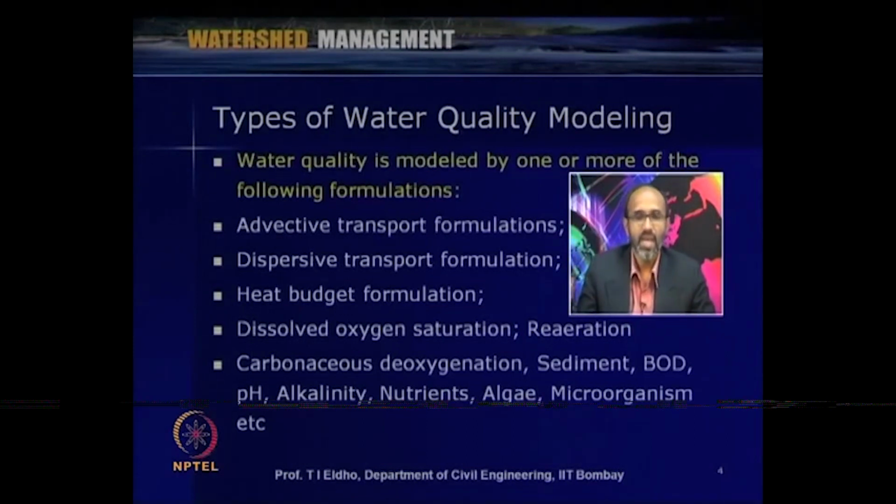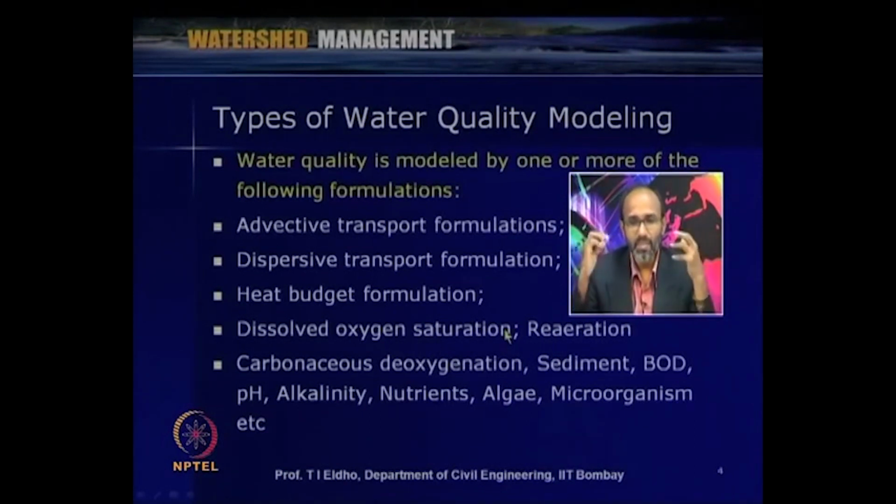And then also we can have different types of water quality models related to carbonaceous deoxygenation, or COD, or sediment movements and related modeling, or biochemical oxygen demand modeling, or pH, then alkalinity, then nutrients, then algae, and the microorganisms within the surface water or groundwater.